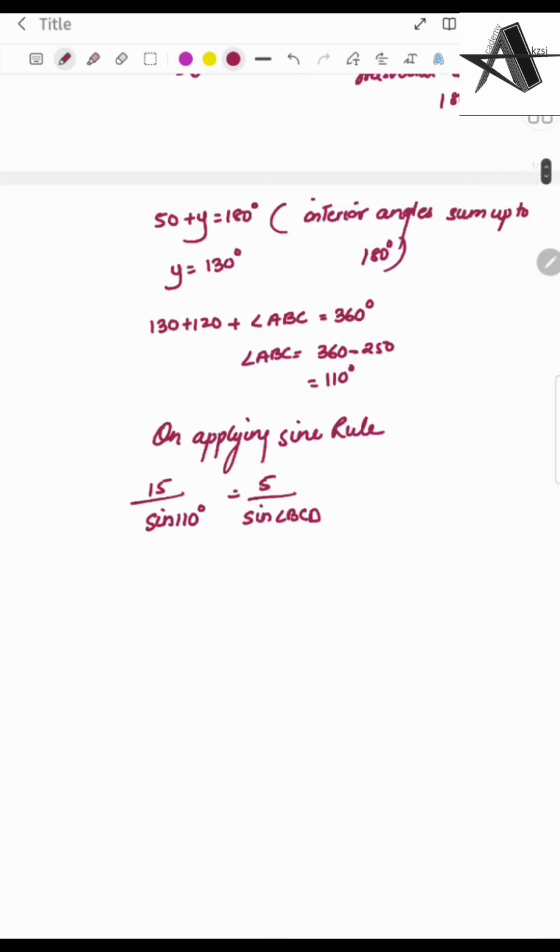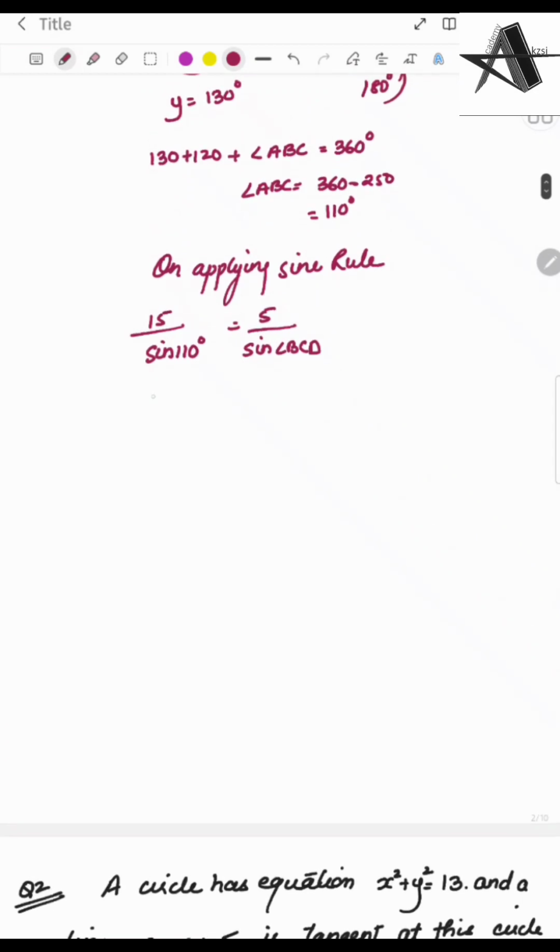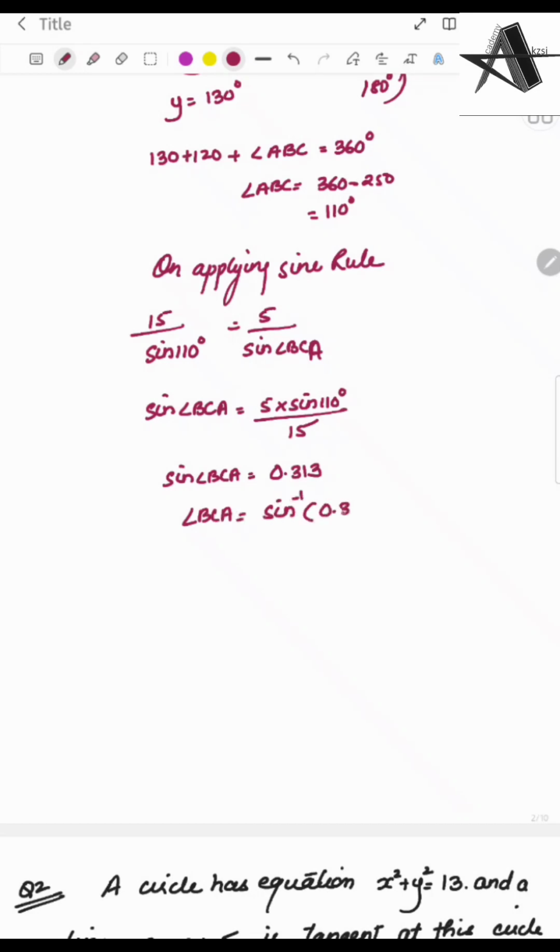On rearranging, I'll get sine of angle BCA is equal to 5 into sine of 110 degrees over 15. So sine of angle BCA is 0.313. And for angle BCA, I need to take sine inverse of 0.313. That will give me the answer as 18.24 degrees.